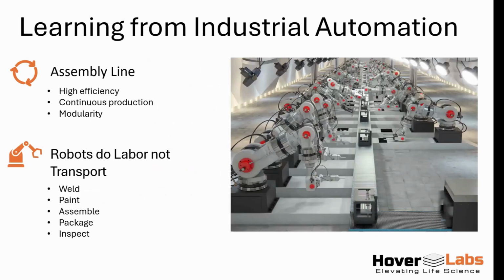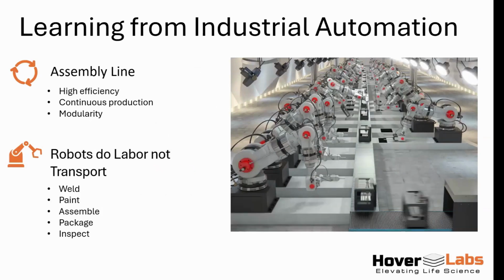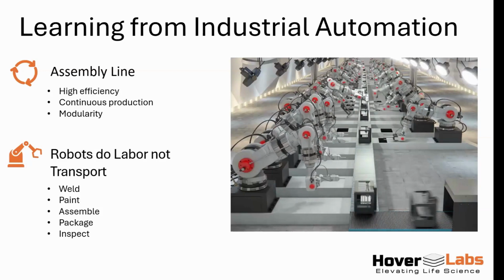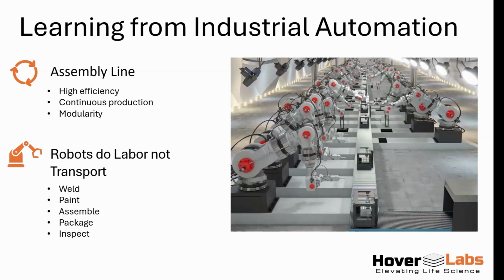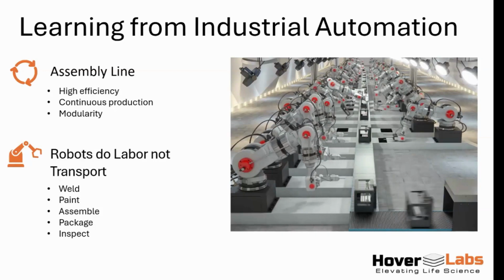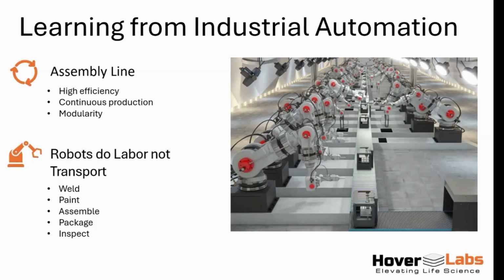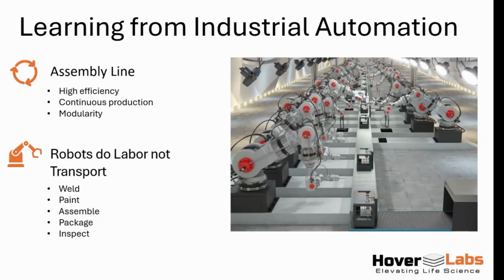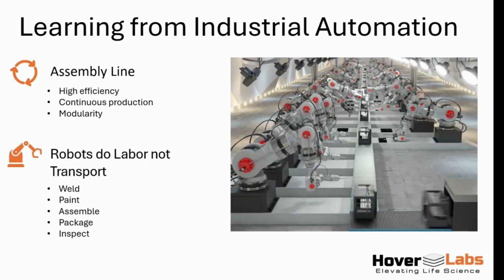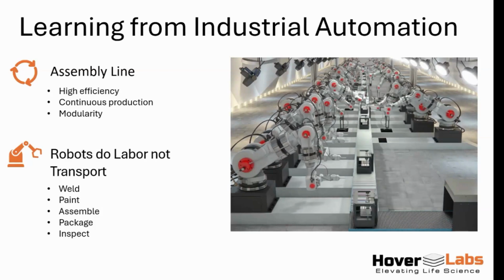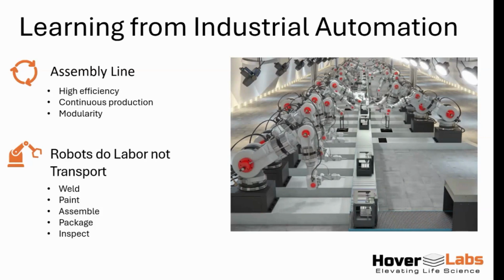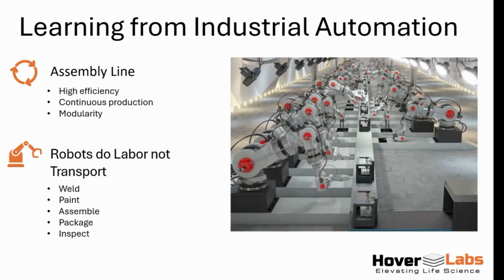I'd like to begin a little bit by talking about what Hover Labs' vision is for automation in life science. We're taking the approach of looking at industrial automation specifically from the perspective of how manufacturing has been revolutionized by specific principles such as the assembly line concept and the use of robots for conducting complex tasks.